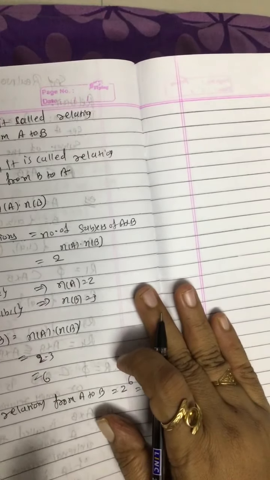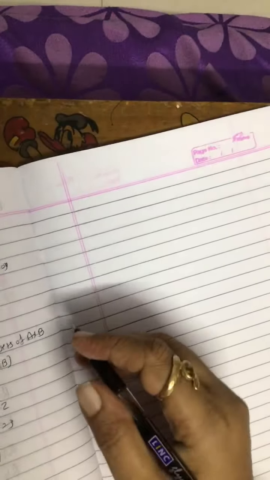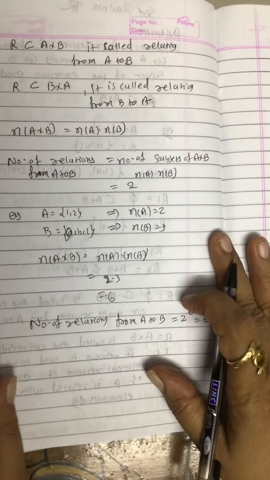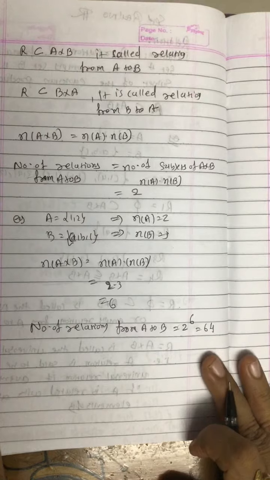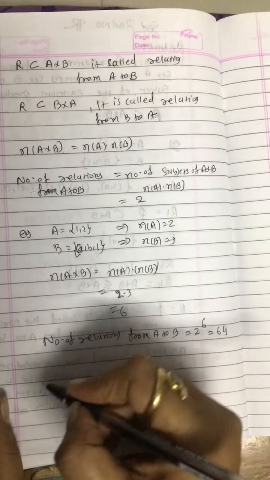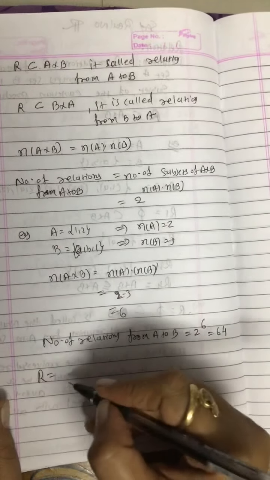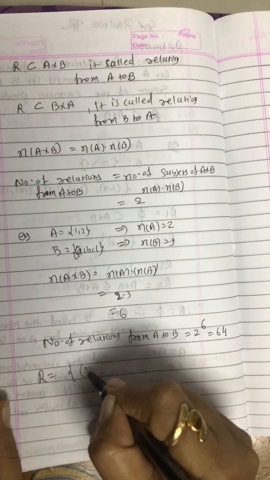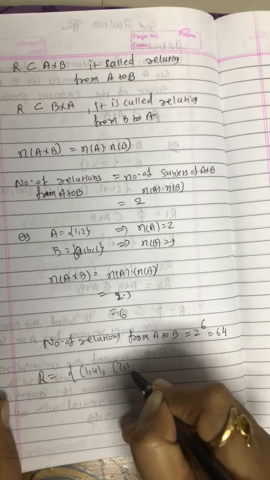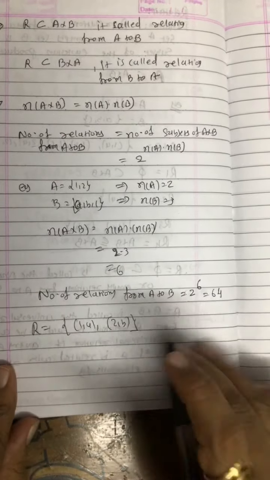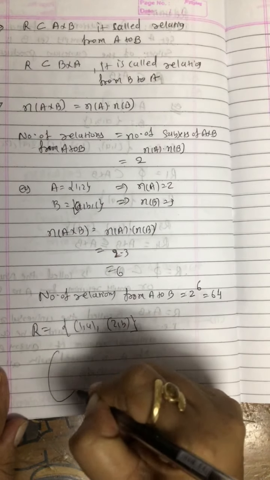Now students, two, three more definitions are there. We'll see the definition of domain. But before we go to domain, there are a few methods to represent a relation. Suppose I say R is equal to {(1, a), (2, b)}. This R I can write with the help of a diagram also.